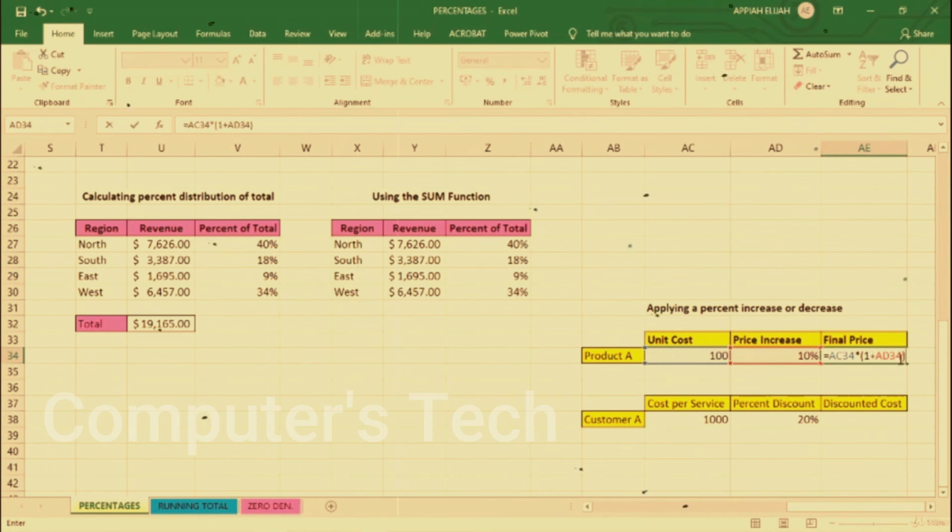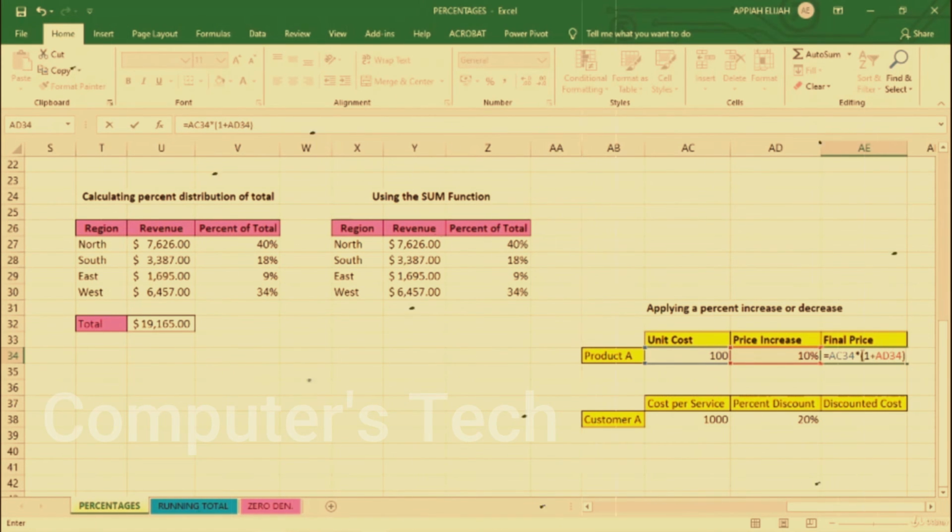And then over here, this AD34 is actually the percent increase, which is 10%. 10% is 10 divided by 100, that gives you 0.1. And so 1 plus 0.1 gives you 1.1, and you multiply by that, and you will still get the same answer. Or we could interpret it as the one here is the 100% we are talking about, plus the 10% increase. But the 100% is actually 1. So 100% plus the 10% increase.